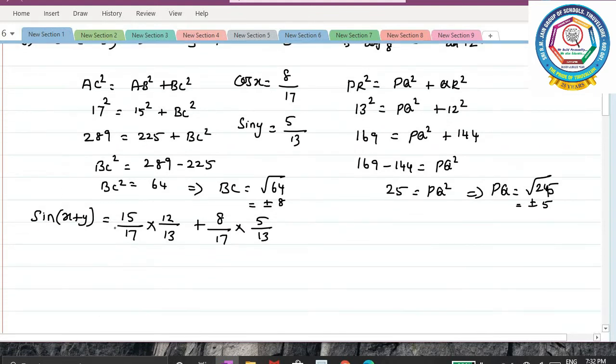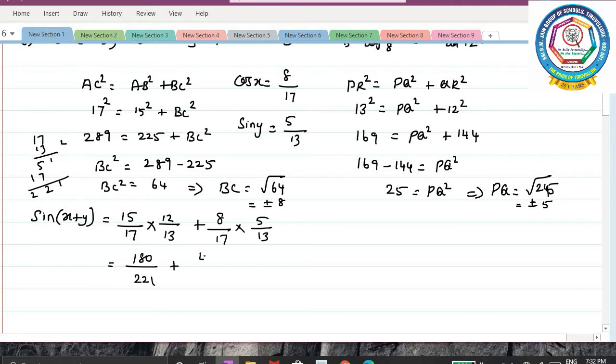So now multiply 12 into 15, that is equal to 180, by 17 into 13. 3 7s are 21, 2, 1; 3 1s are 3, 3 plus 2, 5; 1 7s are 7, 1. Here is 1, 2, remaining 2. So 221.